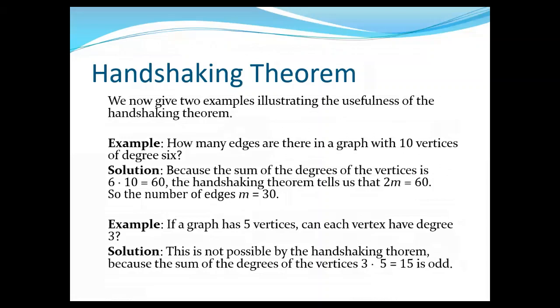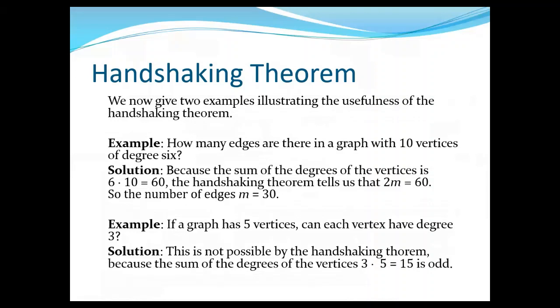For example, how many edges are there in a graph with 10 vertices of degree 6? It means each vertex has 6 connections. The first vertex has 6 connections, the second has 6, the third has 6, until the 10th vertex, which has 6 connections or 6 edges.